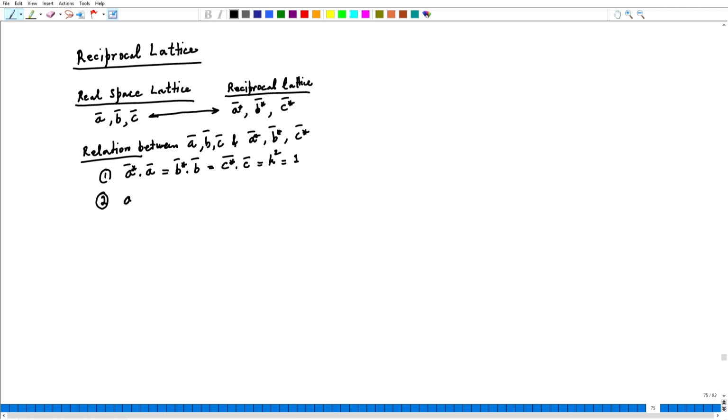If I take the dot product between the reciprocal lattice vector A star with the real space vector B, this is going to be equal to A star C, this would be equal to B star C, equal to B star A, would be equal to C star dot A, and C star dot B. All of these quantities would be equal to 0.